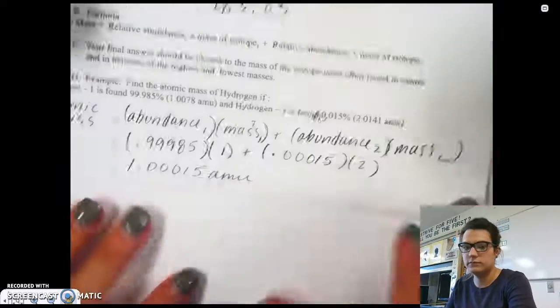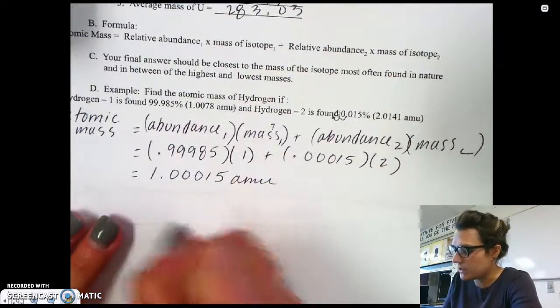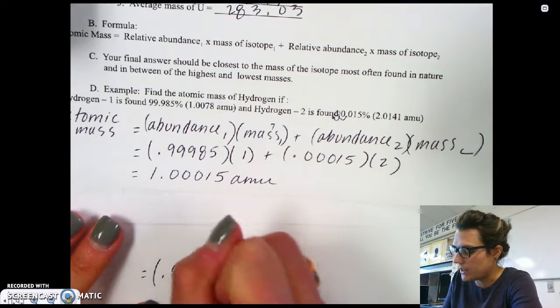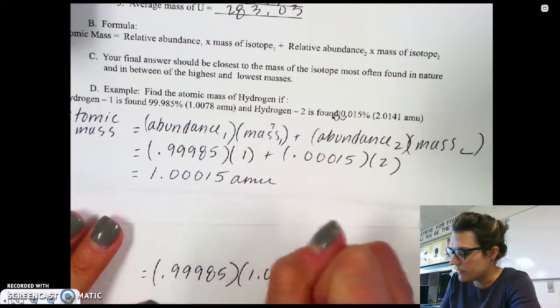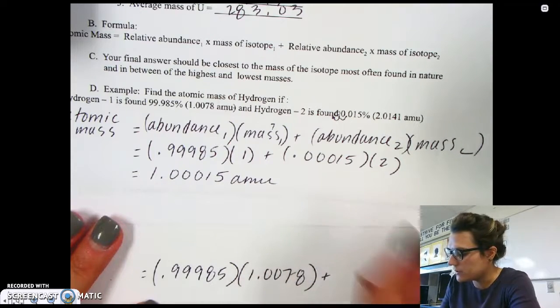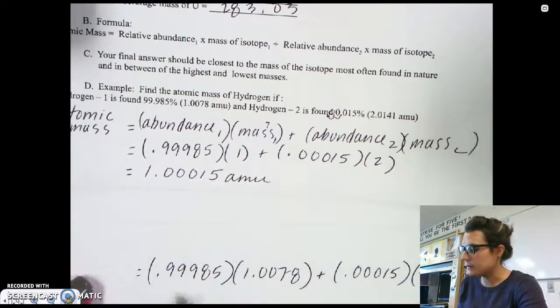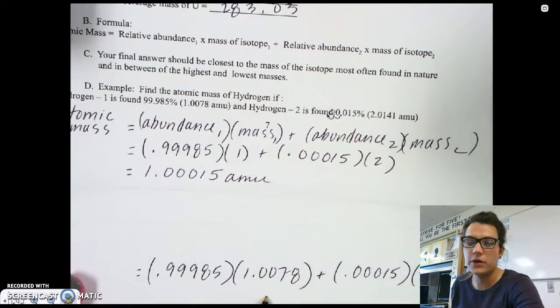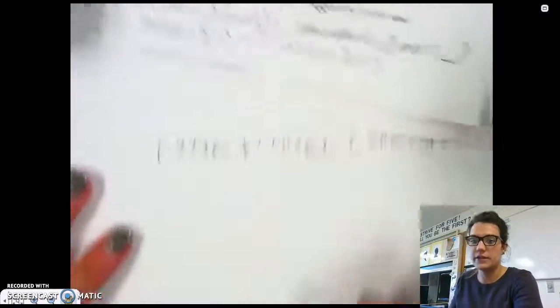So now I'm going to do it again. So my percent abundance is 0.99985 times 1.0078 plus 0.00015 times 2.0141. Now I'm going to expect my number to be closer to this 1.0078 because that's my higher percentage, okay?